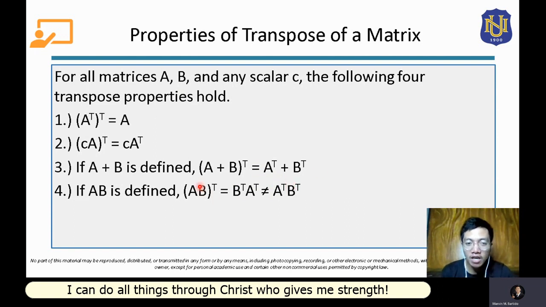Again, if you have a product AB and get its transpose, it will be equal to the transpose of B and the transpose of A multiplied. But it will not be equal if you get the transpose of A and the transpose of B and then multiply them. So the position of B and A here is crucial, because it will not be the same answer. So this will be the fourth property.